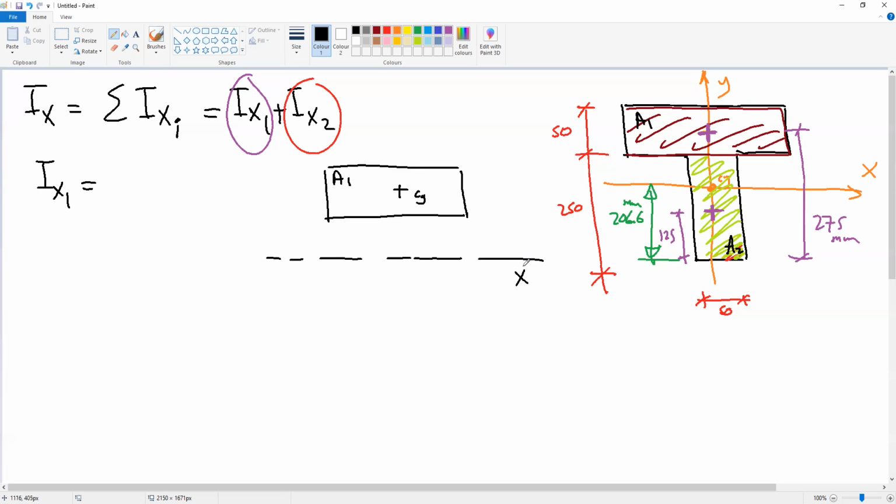That's why at the beginning of the session I told you that sometimes we need to calculate about an axis not passing through the centroid of the area, because this x-axis is the x-axis for the whole section, so it is not passing through the centroid of the subdivided area. Okay?